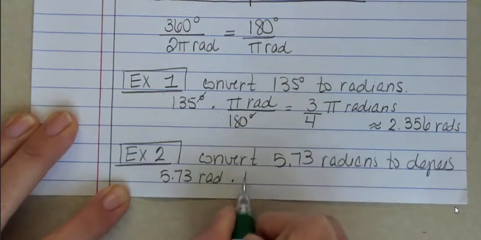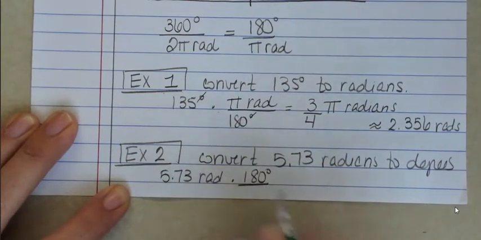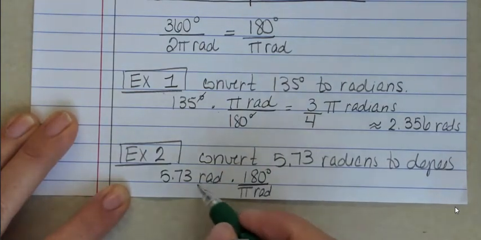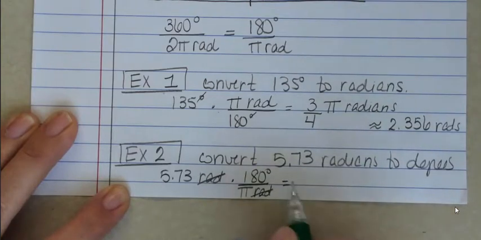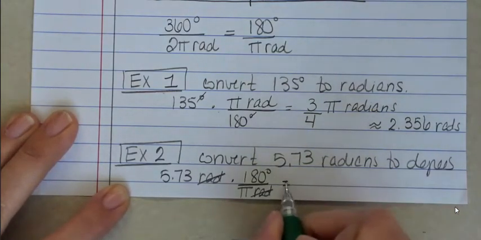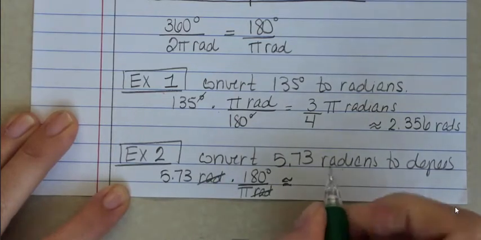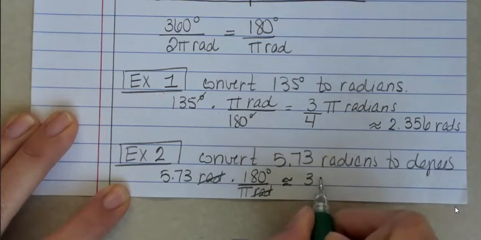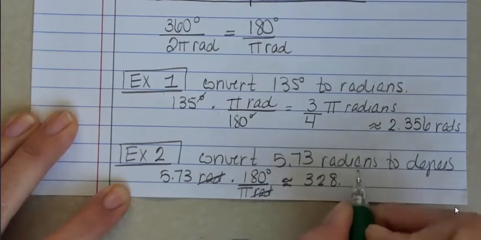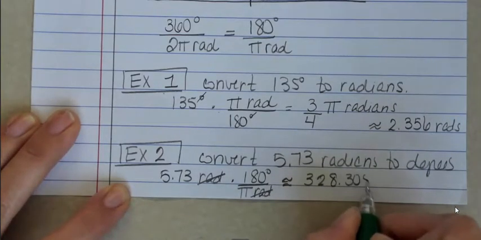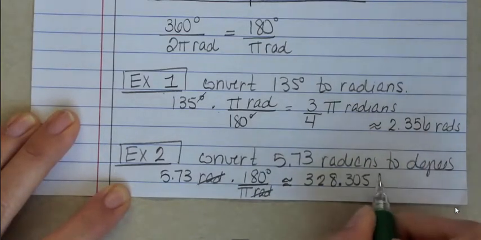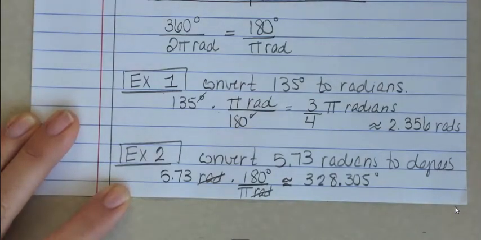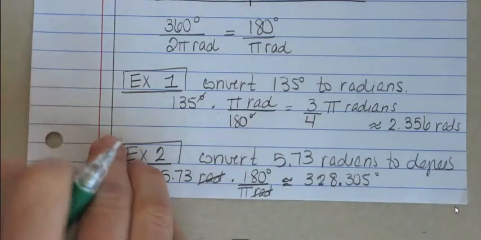I want degrees, so 180 degrees goes in the numerator, which relates to pi radians in the denominator. The radians now reduce. And then if I were to multiply across and divide by pi, I'm going to get, oops, this is actually an approximation, of 328.305 degrees. Pretty simple stuff, right? Use your unit analysis.